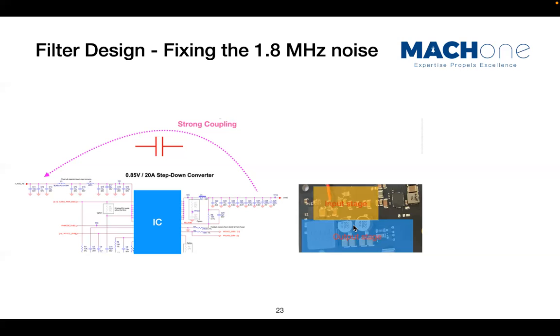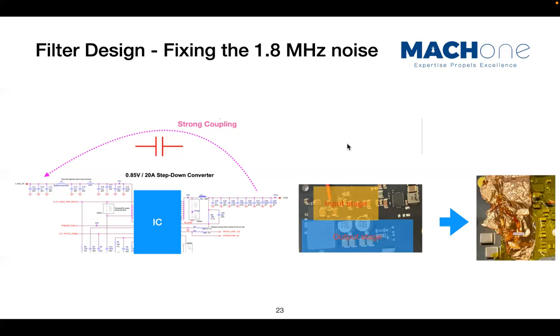This is a very bad design because you place the two filter stages in parallel. Effectively, you are giving a very good parasitic capacitance path between the two, which means lots of the filters you implement will not be effective. So you spend money and time developing these filters, only for these filters to not do a good job. So that's the main reason for this noise.